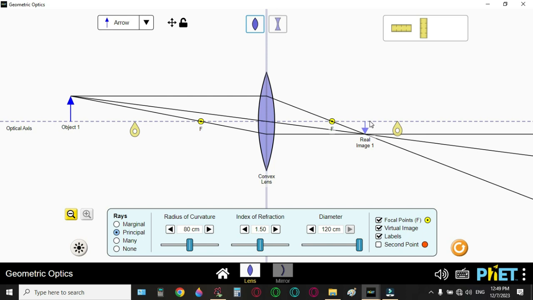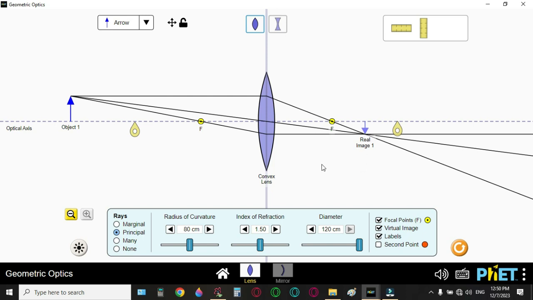Now, in the case of lenses, if the image is formed on the other side, we call this image a real image. Okay, so if the object is here and then the image is formed here, we call this image the real image. So this is the object, this is the real image.